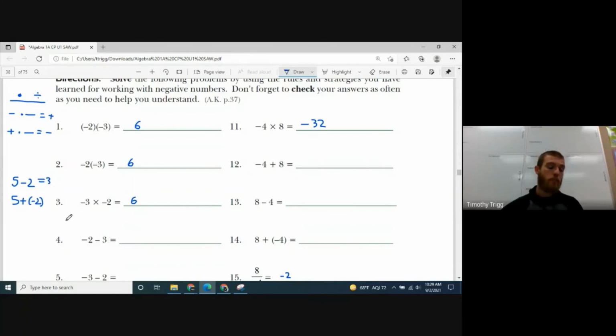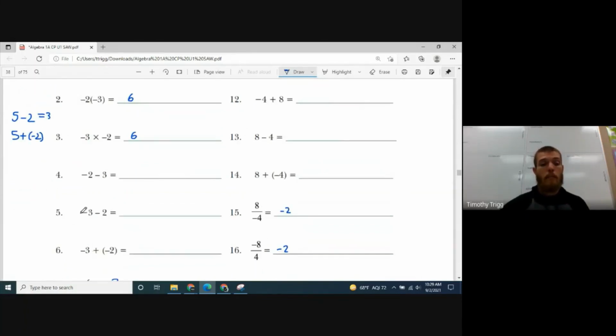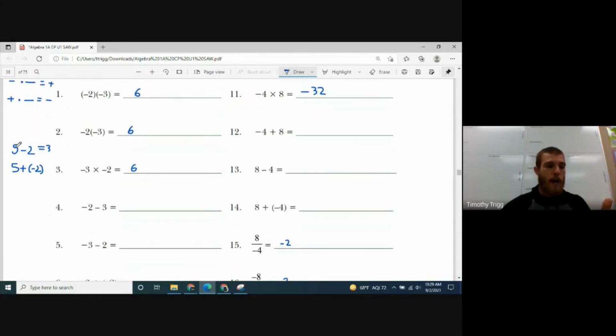Okay. But the way it kind of works is you could think of it as negatives and positives. They cancel each other when adding or subtracting. So negatives and positives kind of cancel each other, right? And so you could see like the 5 and the negative 2 here, they cancel each other, right? So you're going to have 3 positives remaining.